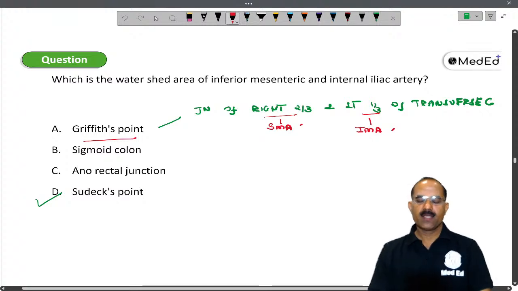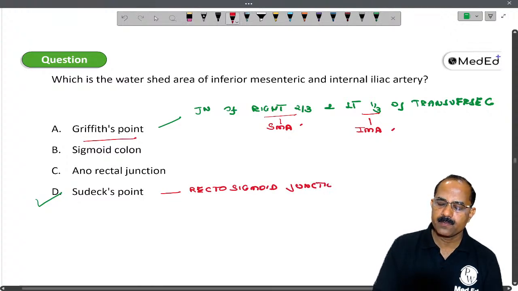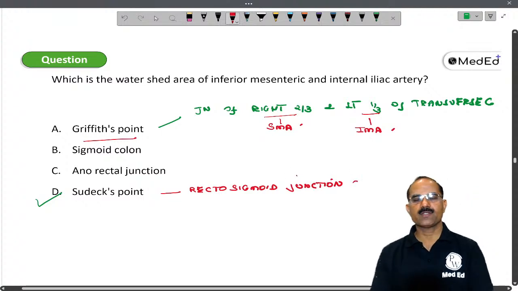Sudek's point lies at the recto-sigmoid junction.